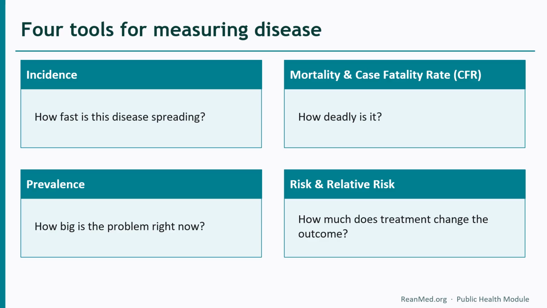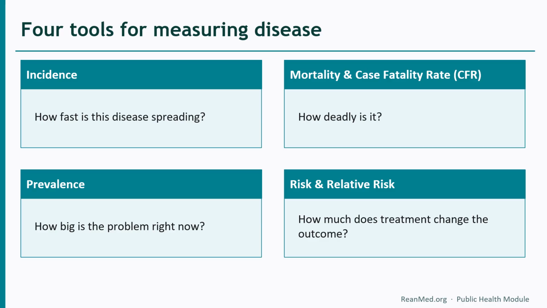The third statistic or tool that we will discuss is prevalence. Prevalence basically tells us how many people have the disease right now, or how many people have the disease at a specific time.